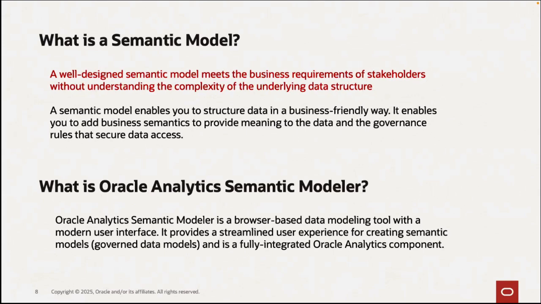So you're able to structure your data in a more business-friendly way so that people can analyze it without needing to understand the underlying data structures, the tables, the names of those tables, or the queries that go into pulling that information. A well-designed semantic model, as you can see here, ensures that the business requirements of stakeholders are met, even if those stakeholders don't know anything about the databases or the data modeling itself.